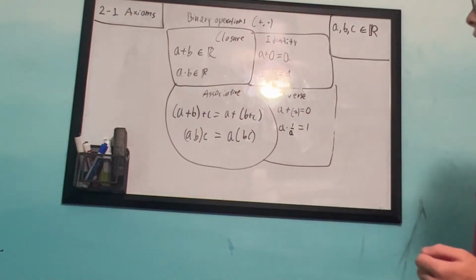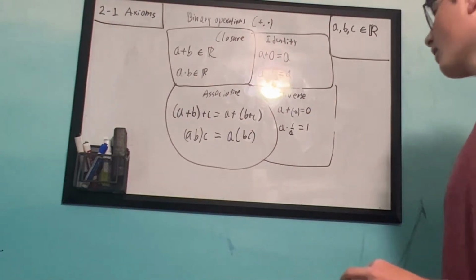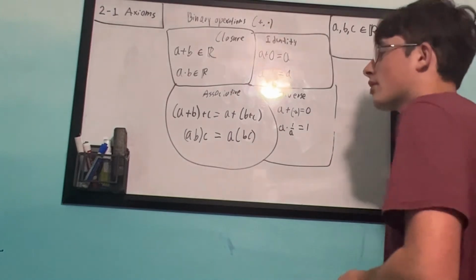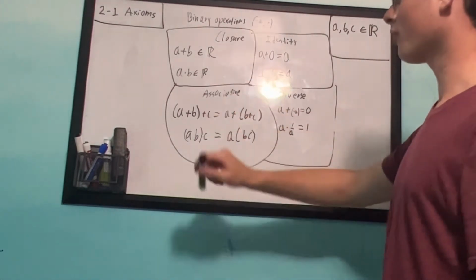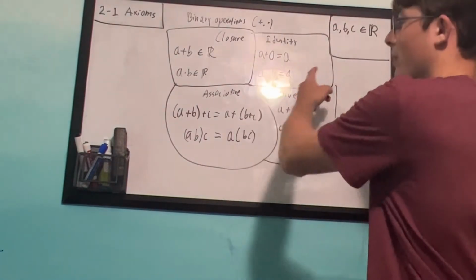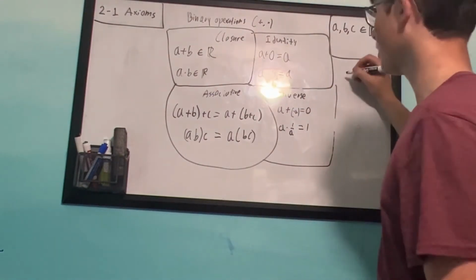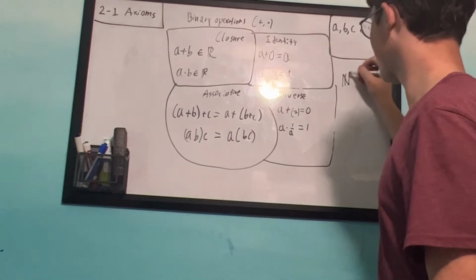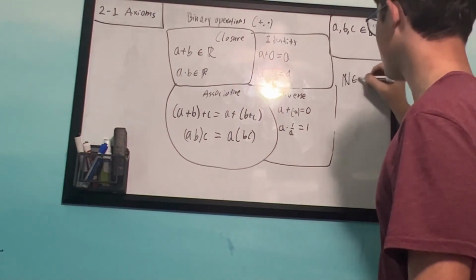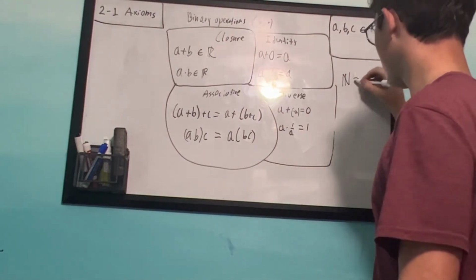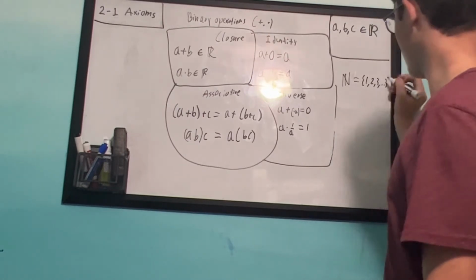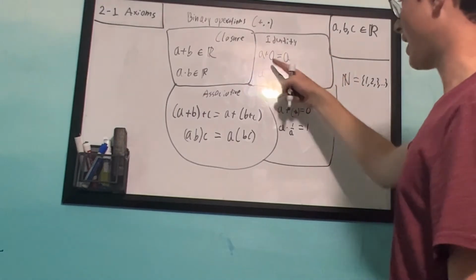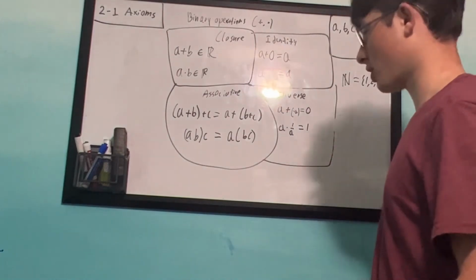Now something to note is that if you're considering the natural numbers, they are closed under addition and multiplication. They are associative, but they do not have an identity. Well, assuming who you ask. But if you say that the natural numbers is the set 1, 2, 3, ..., it does not have an additive identity because 0 is not included in the set.